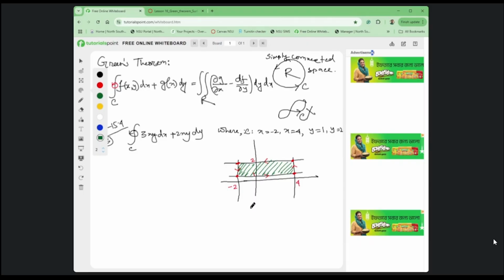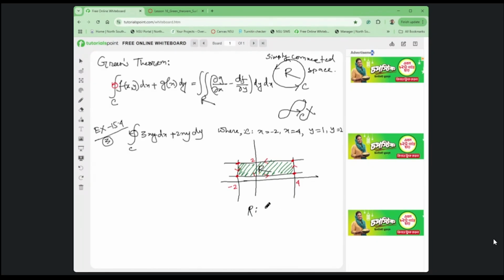So that means if we denote it by R, R is defined here by X. X will be defined by minus 2 to 4, and y will be defined here 1 to 2.